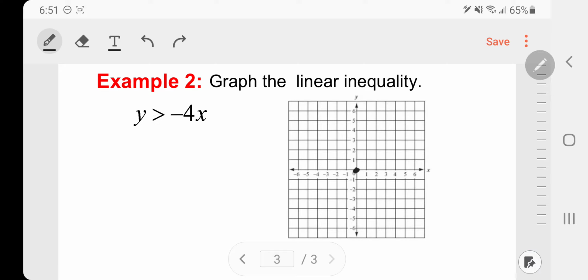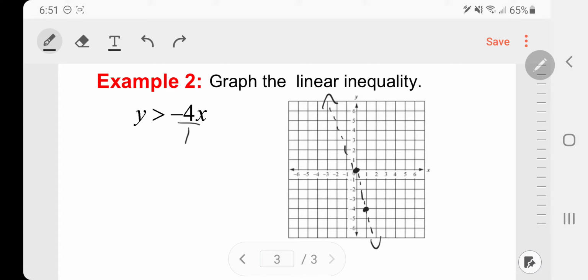Negative 4 is negative 4 over 1, so I go down 1, 2, 3, 4, and to the right 1, and I can go ahead and graph that. It's a dashed line, again, because we don't have our equal to.